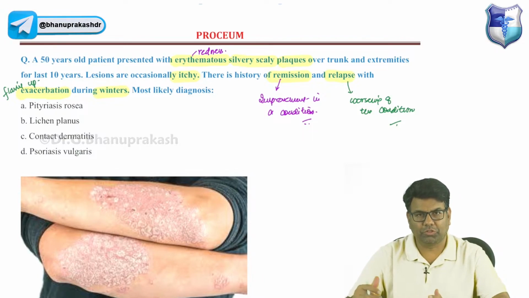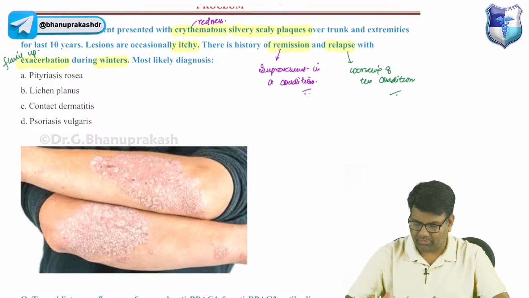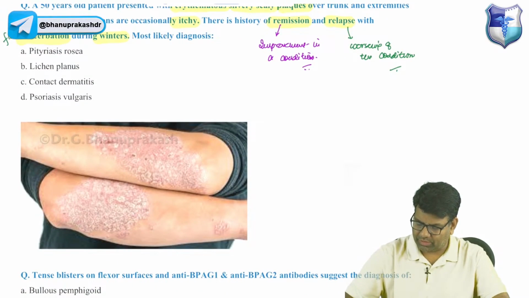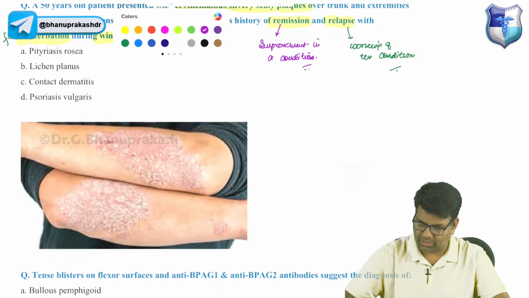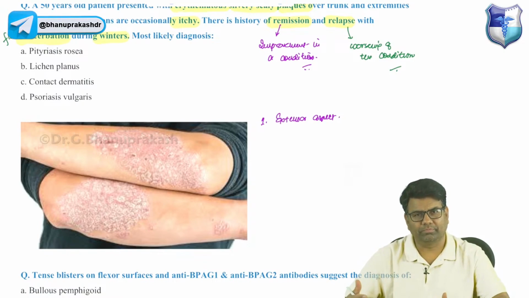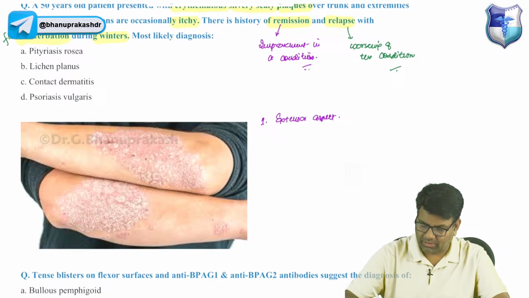So these are a few words which you should know, and of course this is a very classical picture of psoriasis, where you can see the lesions over the extensor aspect, which can be the extensor aspect of the forearm or back, right? The extensor aspect is one thing.